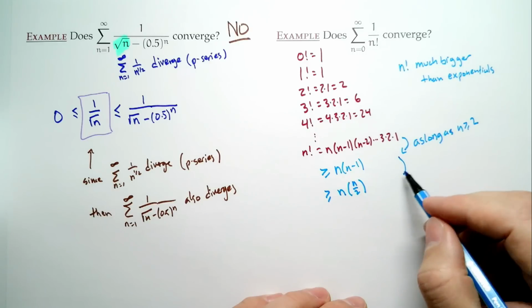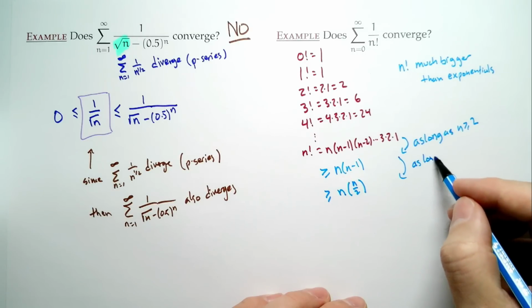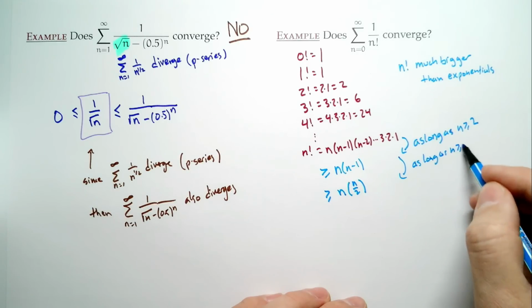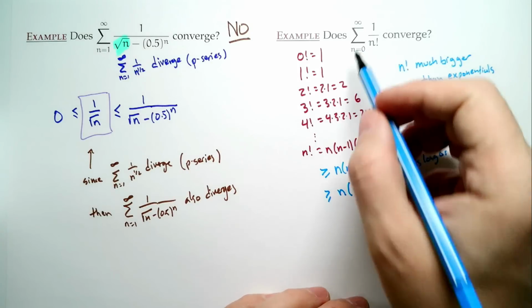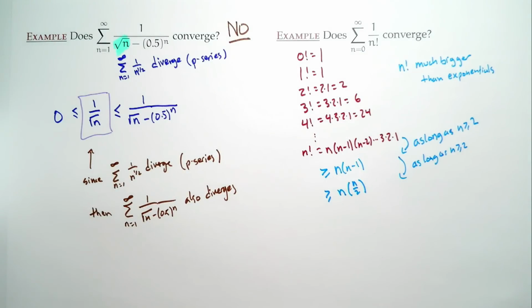Again, this is as long as n is at least 2. Now, you might say, wait a second, hold on. This says start at 0. We don't care about the first couple of terms, right? Convergence doesn't happen at the start. The questions about convergence always ask what's happening at the end. What's happening as you get close to infinity?